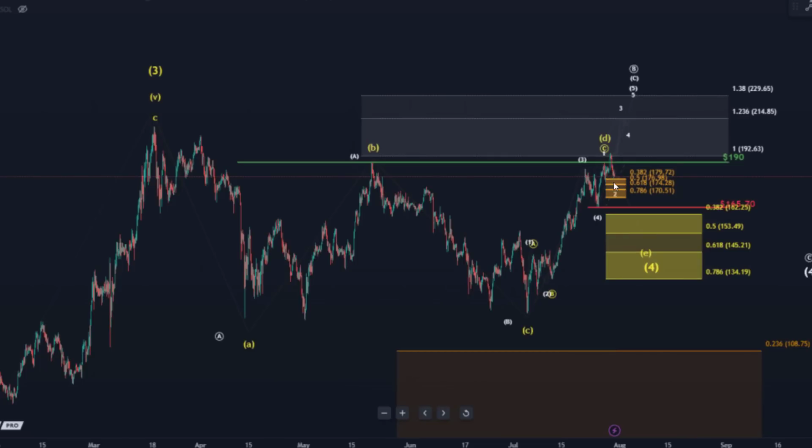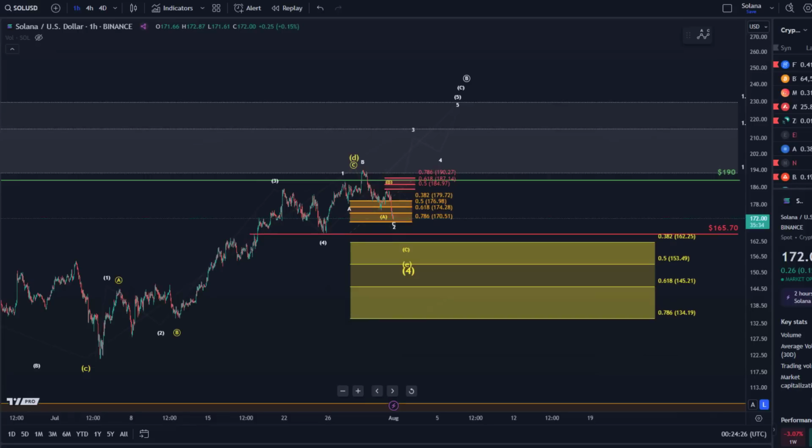But remember the price movement from a couple of days ago. Price dipped into this micro support area, saw a bounce, reacted to resistance, and is now coming down. So Solana is just playing nicely with these fib levels, following the parameters nicely, respecting the fibs, and next support is $170.51, which in the yellow count should break, and then $165.70.